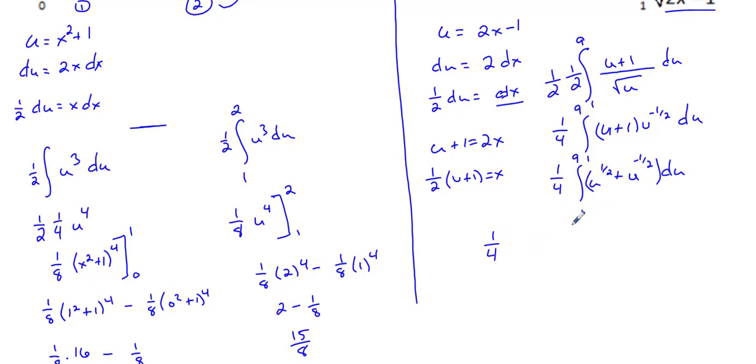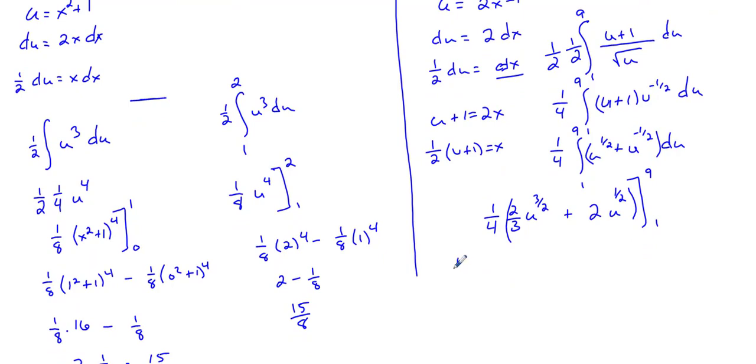Okay, u to the half. So base, add 1, multiply by reciprocal. And I'm going to put parentheses around that. Okay, plus base, add 1, multiply by reciprocal, 2. Evaluate from 1 to 9. All right, 1/4.